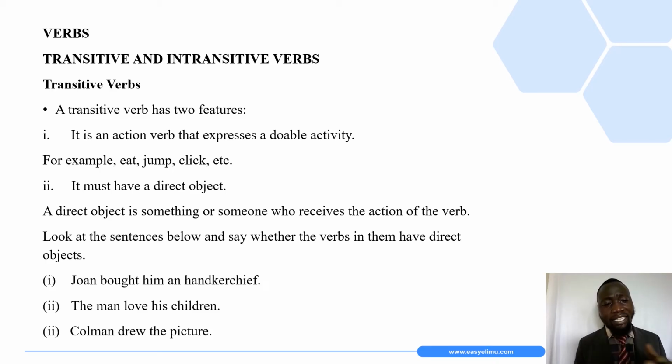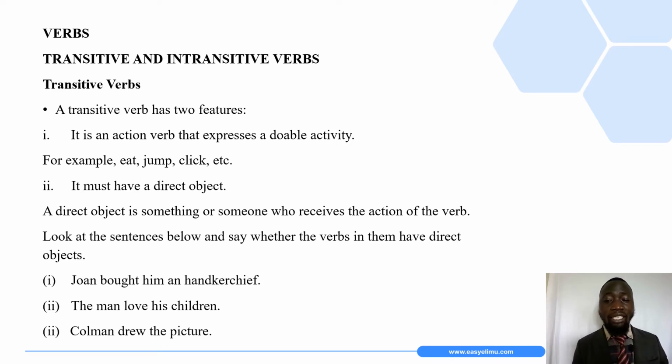Now, there are some sentences that we have here, and I'd like us to look at them and say whether the verbs in them have direct objects or not. What we are trying to look at here, dear students, is the receiver of the action that we have in these sentences.